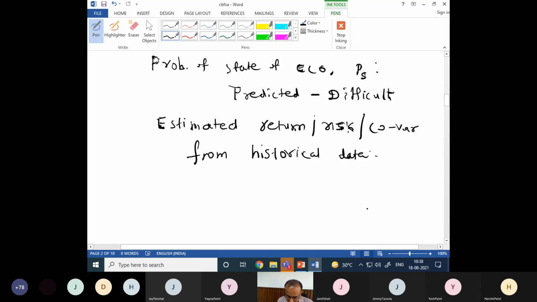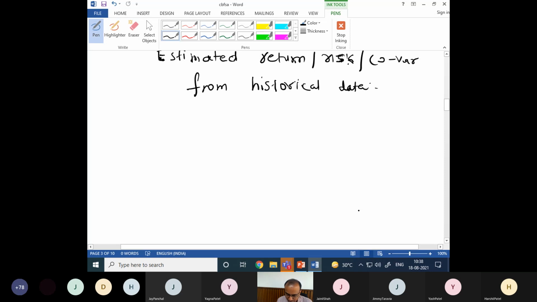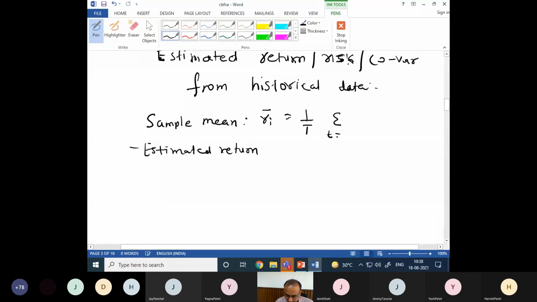And we have defined the sample mean, which is the estimation of return, right? Which is the estimated return by taking capital T number of observations from the past. So that is very obvious.